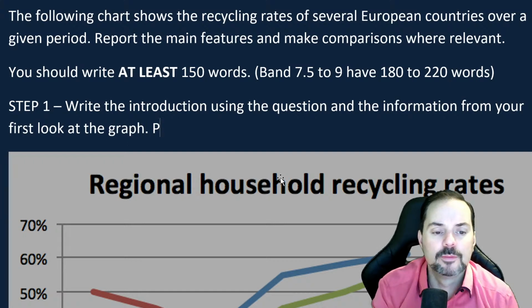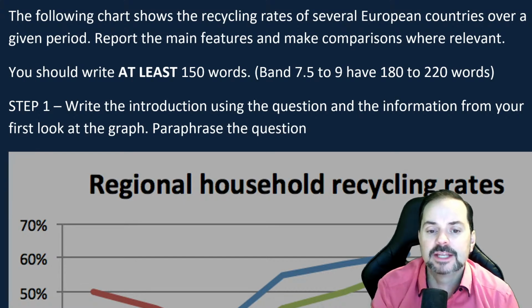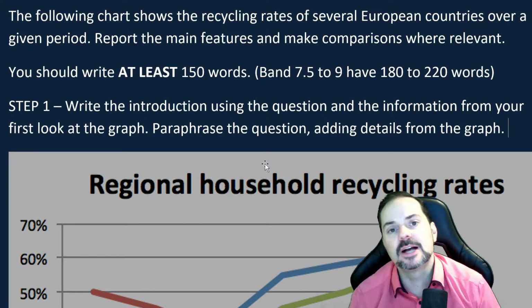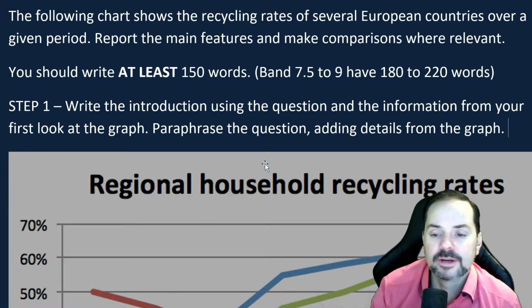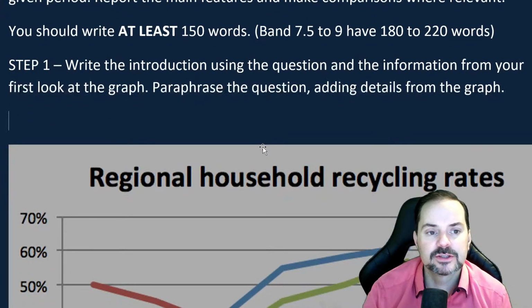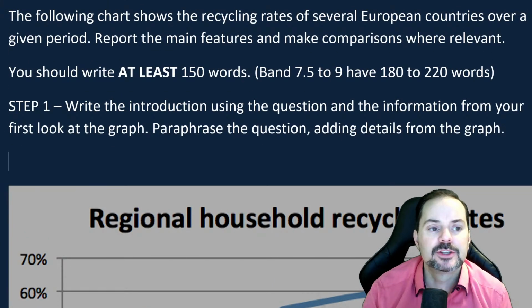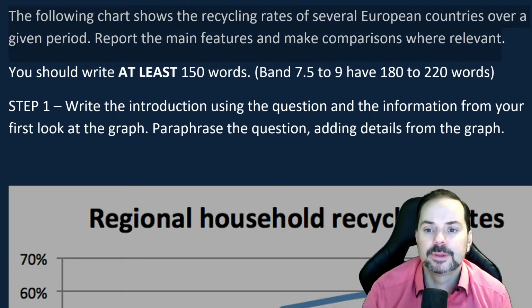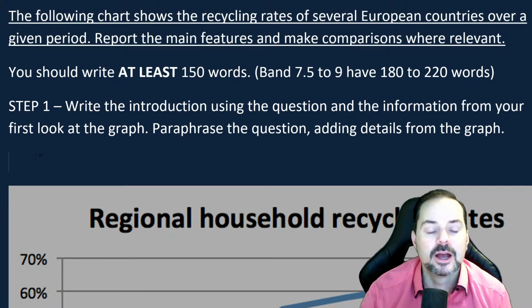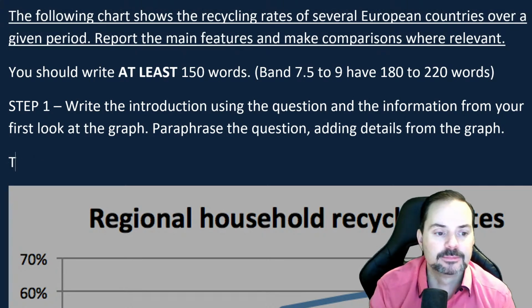All right, so basically you paraphrase the question, adding details from the graph. Please do this, members. I'm going to do the same. While I do it, I will remain silent so that you can start your own paraphrasing. Try not to look at the screen at my paraphrasing, so you do it all on your own. Here's the original question, okay? Add details. I'm going to do the same.